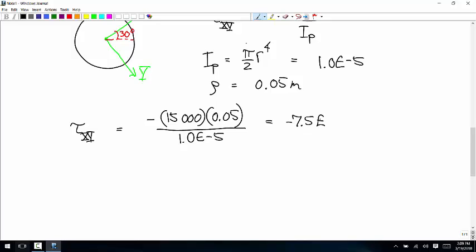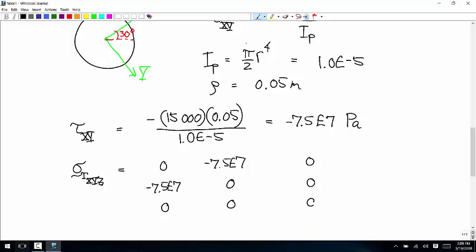Negative 7.5 times 10 to the 7 pascals. And so in the capital coordinate system, our sigma due to torque is 0, negative 7.5 times 10 to the 7, 0, negative 7.5 times 10 to the 7, 0, 0, 0, 0, 0.